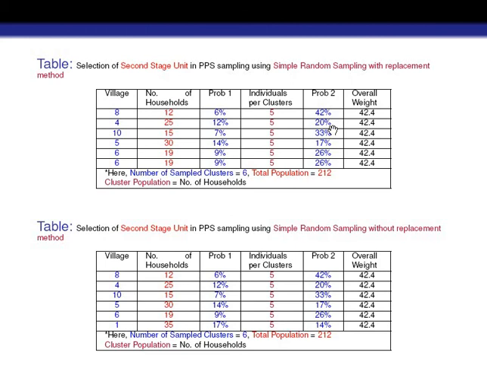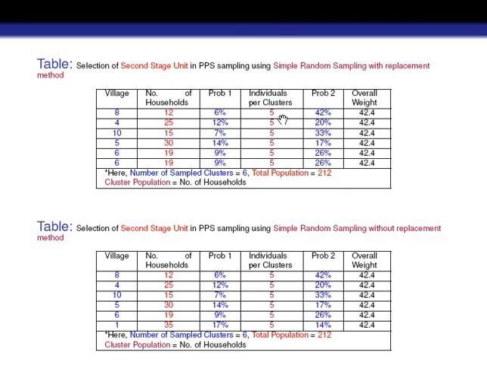Now from this we can calculate probability 2. Probability 2 tells us the chance of an individual being selected in our secondary stage unit. How can we calculate this? We just divide the sample size for each cluster by the corresponding cluster population size.